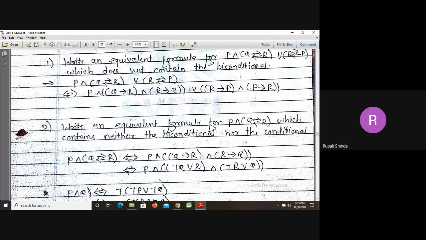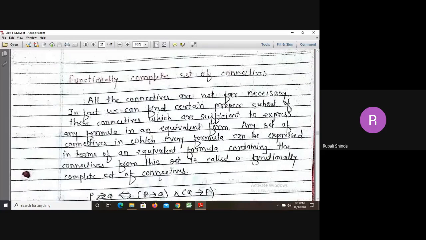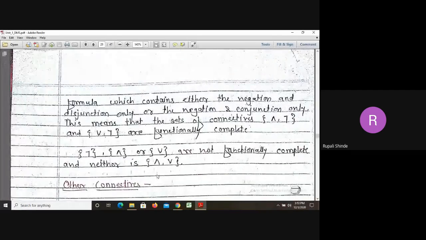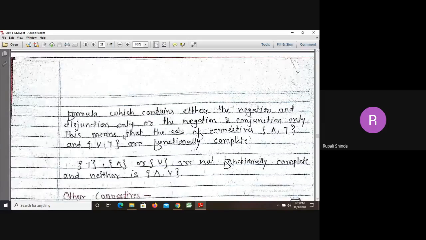So this is the concept of the functionally complete set of connectives. Just remember that only these two are functionally complete sets. The first one is and negation, the second one is or negation.